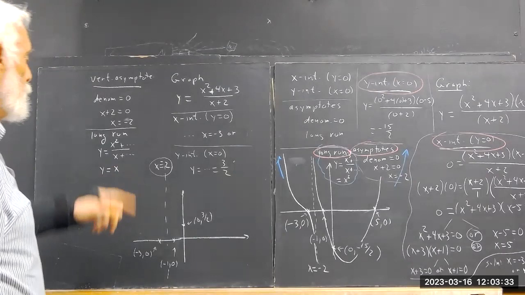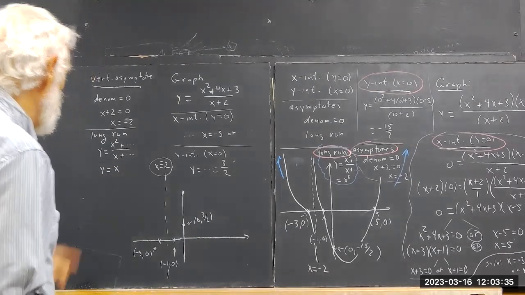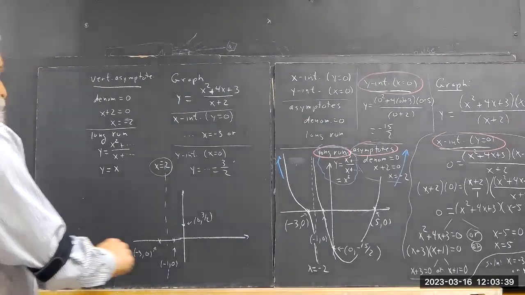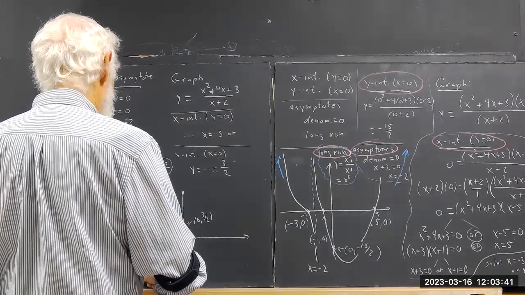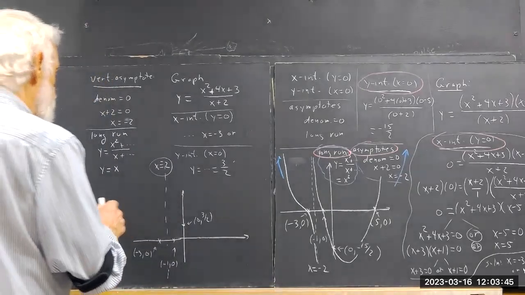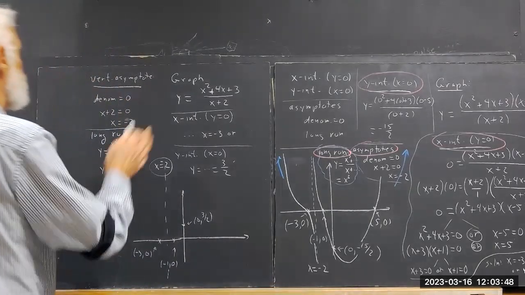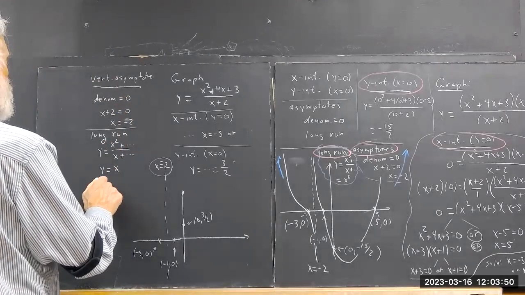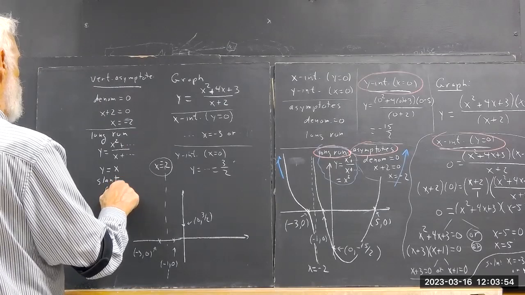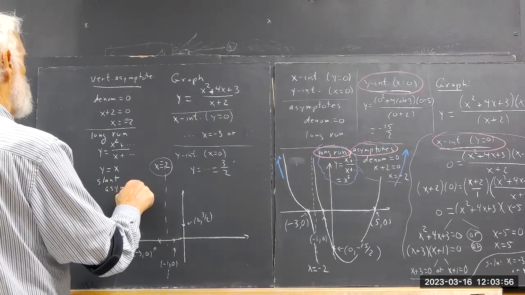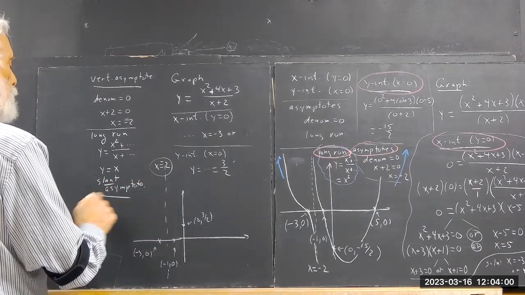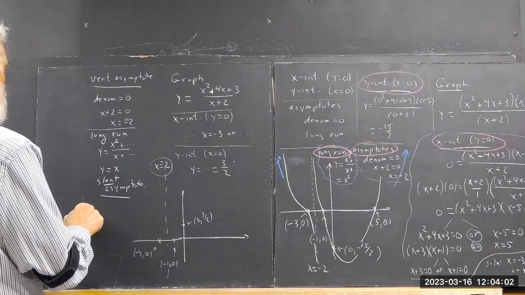It's like y equals x. Now, it's not actually going to be a horizontal asymptote, but y equals x. Let me just say this case: slant asymptote.